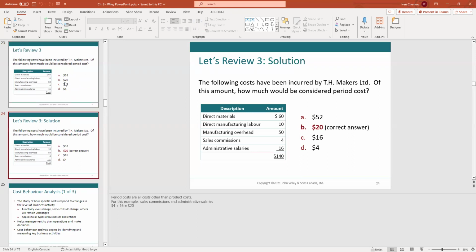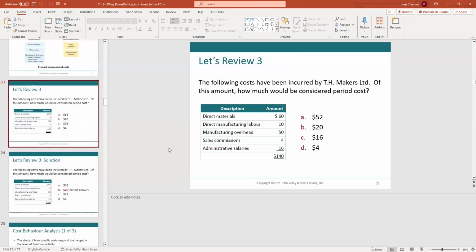Sir, excuse me, but administrative salaries, for the production, there's still some administration. That is true. That is true. But it's going to say salaries for production. If it says only administrative salaries, it's not part of production.